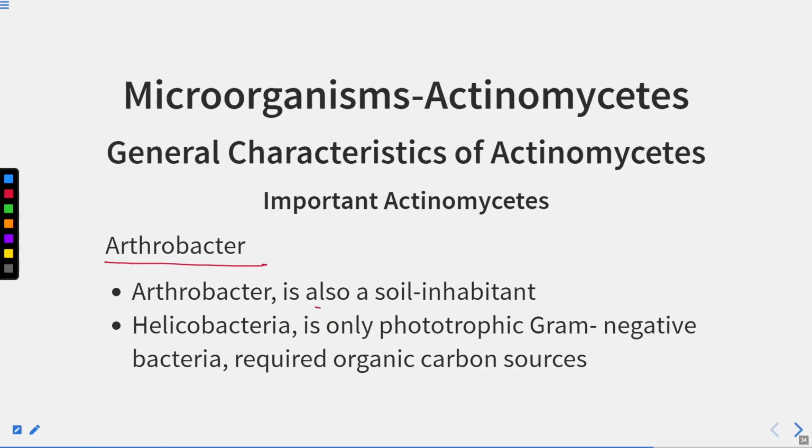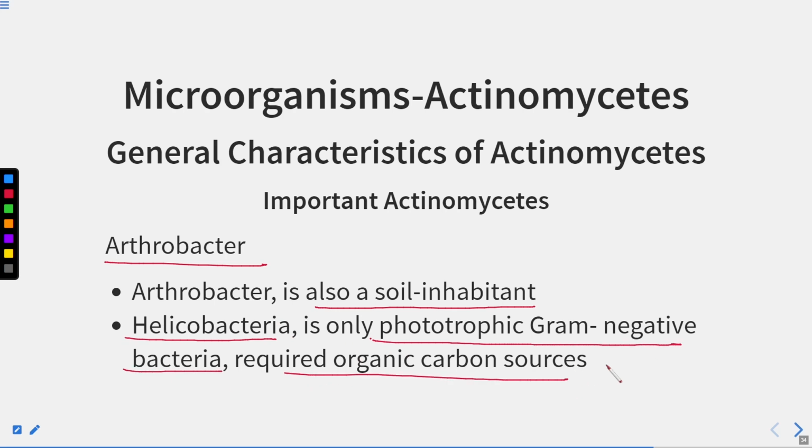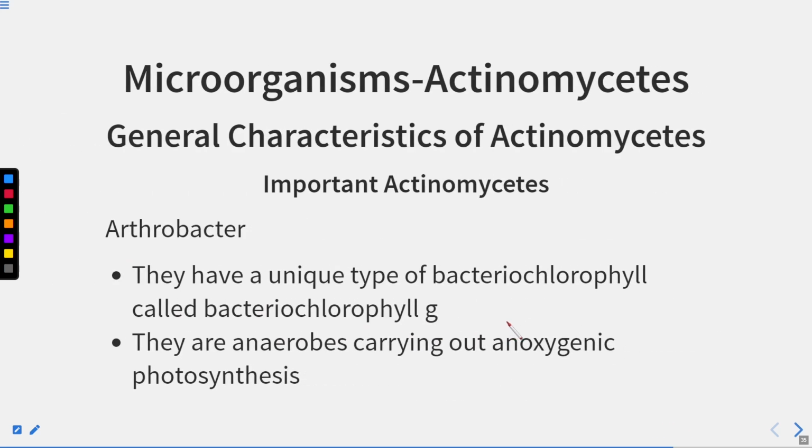Arthrobacter. Arthrobacter is also a soil-inhabiting Actinomycetes. Heliobacteria is a phototrophic gram-positive bacteria requiring organic carbon sources. So this is one example of phototrophic bacteria, that is Heliobacteria. They have a unique type of bacteriochlorophyll that is called bacteriochlorophyll g.